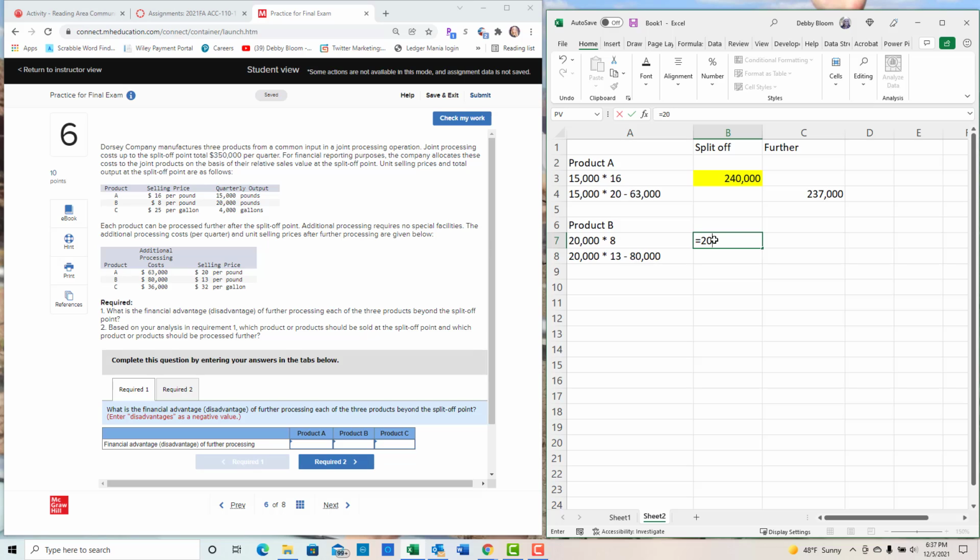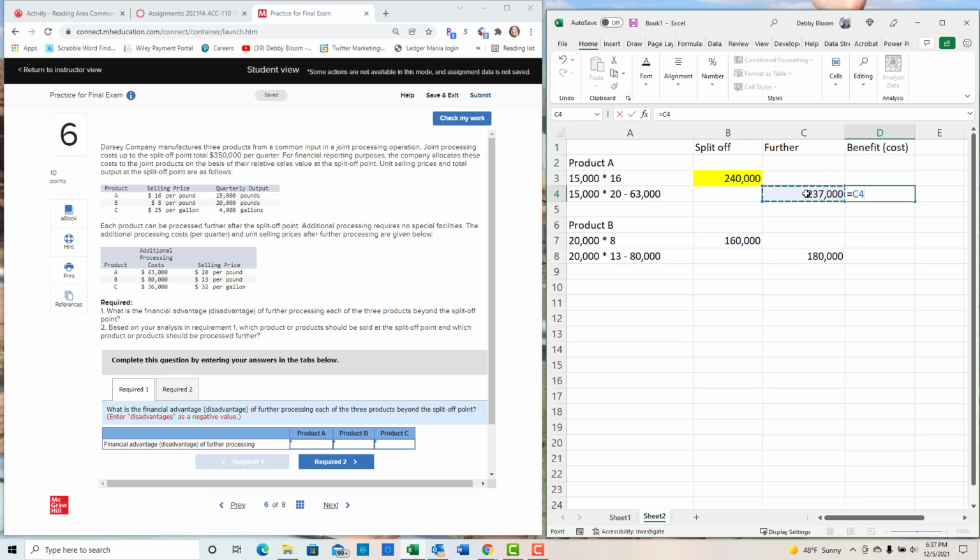So here, 20,000 multiplied by 8 gives me 160,000 in revenue. 20,000 multiplied by 13 and then subtract 80,000 gives me 180,000. Now, to calculate the benefit or the cost, we're just going to take the further processing and subtract the split-off point.